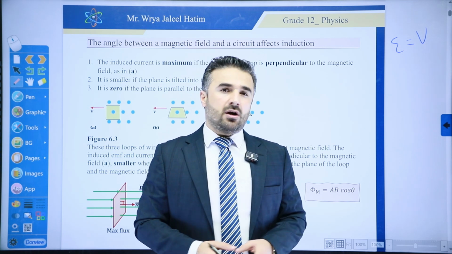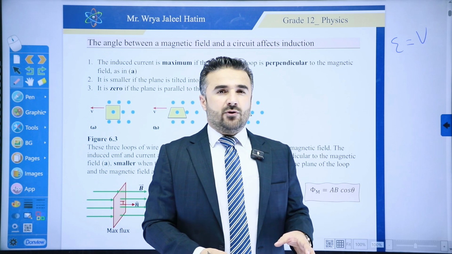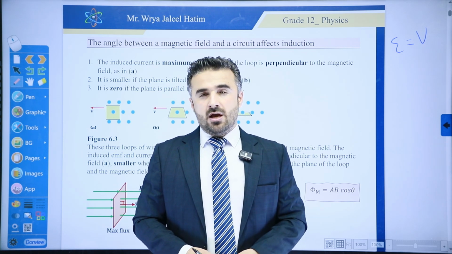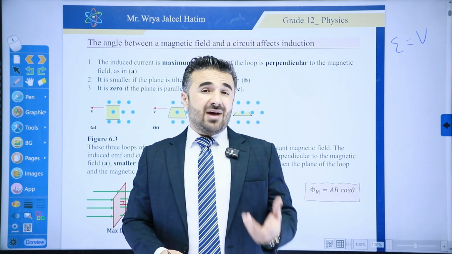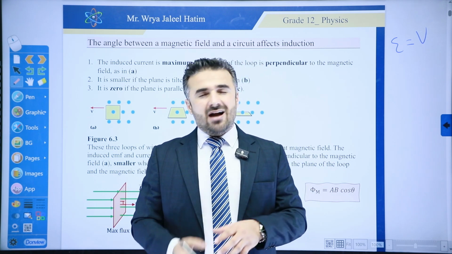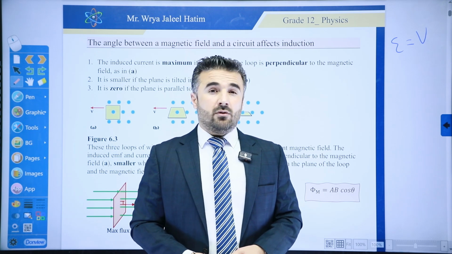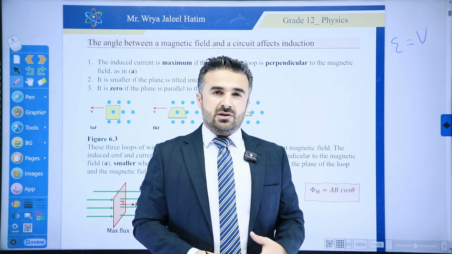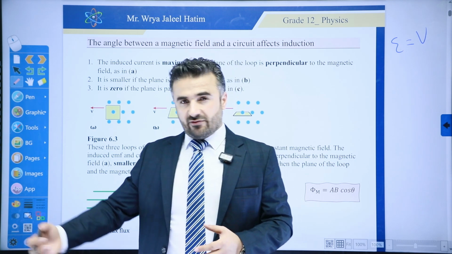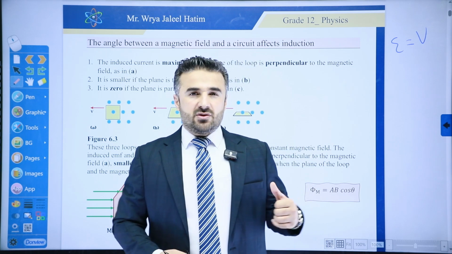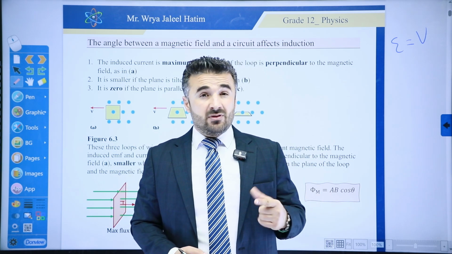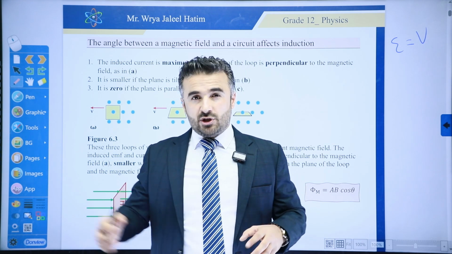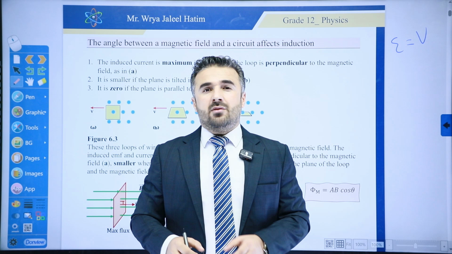After that, we talked about the electromotive force induced from a conducting wire inside a magnetic field. We said the magnitude of this electromotive force that is induced will equal B times L times V sine theta. In other words, the induced electromotive force depends on the strength of the magnetic field, on the length of the wire that is only inside the magnetic field, and also on the velocity at which you're moving the conducting wire within the magnetic field.